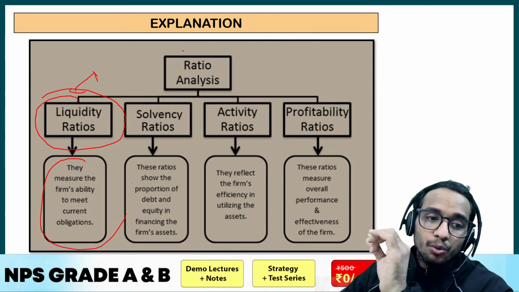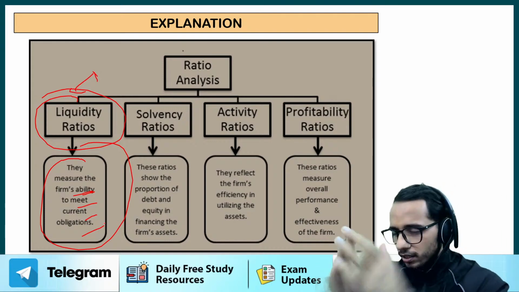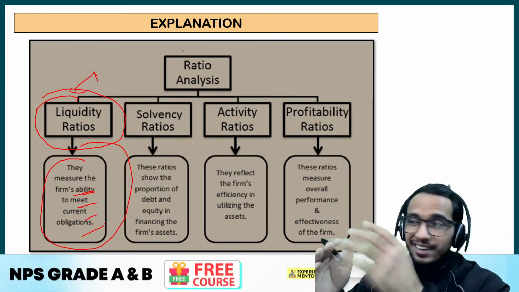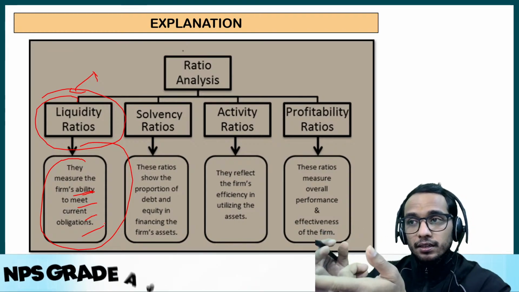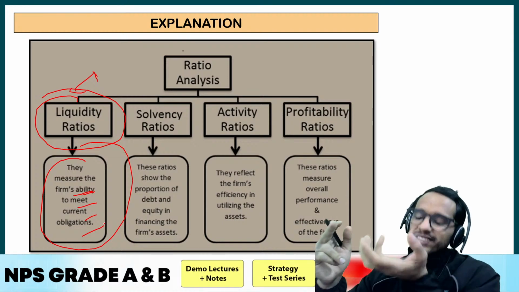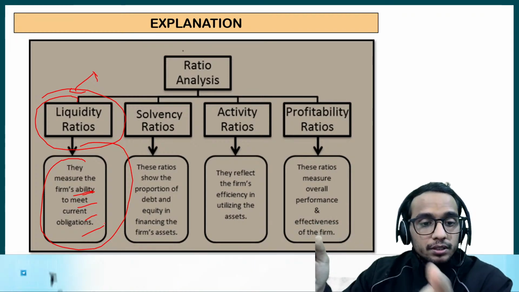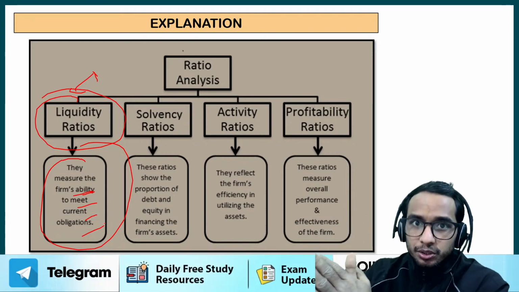Basically it measures the firm's ability to meet current obligations. Like the current ratio, that gives you the comparison of current asset with respect to current liability. What is the worth of current asset with respect to current liability? That gives you a type of liquidity ratio.